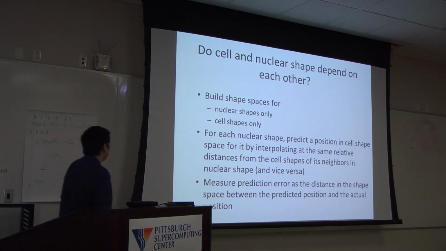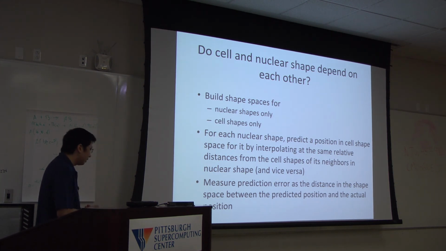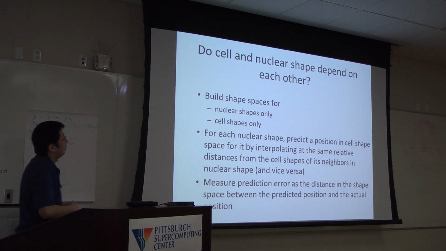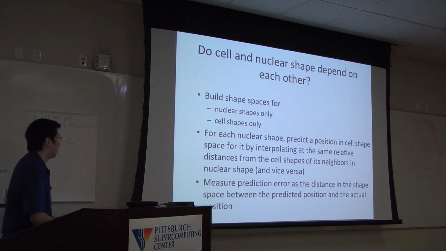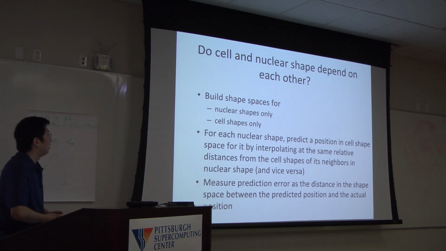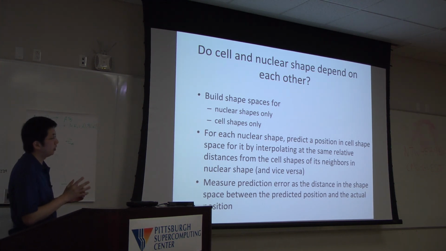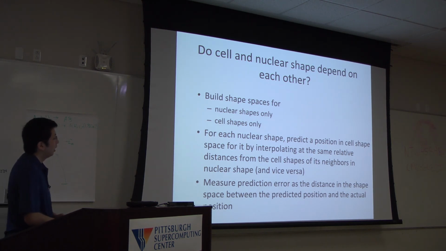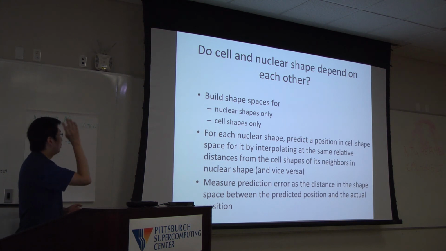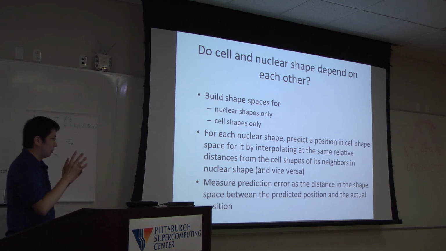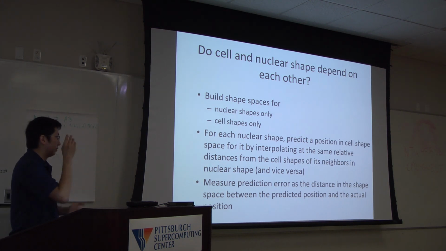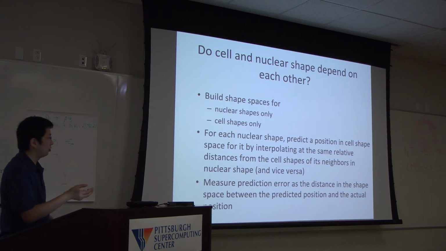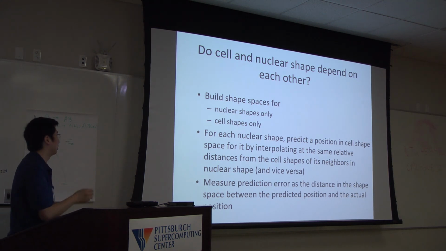So this leads to another biological question. We want to see if there is any dependency relationship between cell and nuclear shape. We can answer this question by building predictions from nuclear shape to cell shape and from cell shape to nuclear shape.